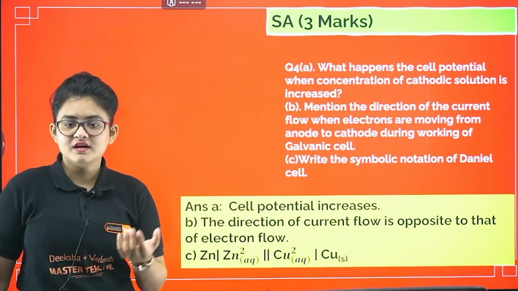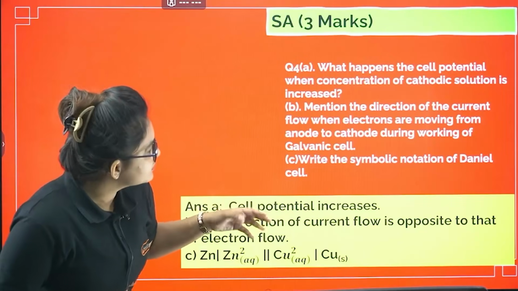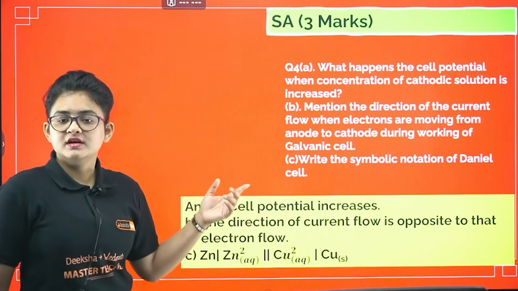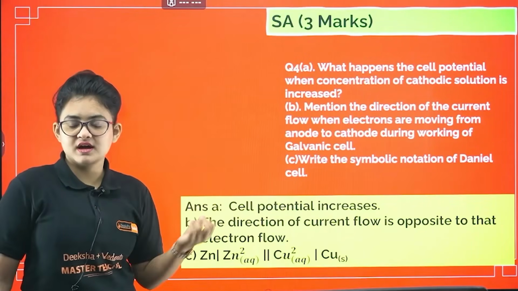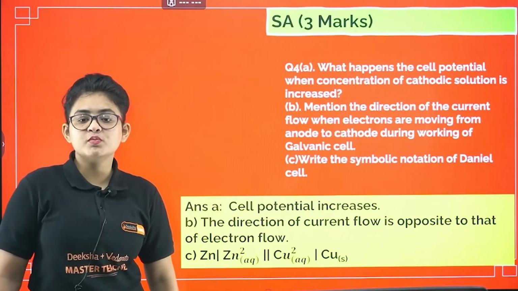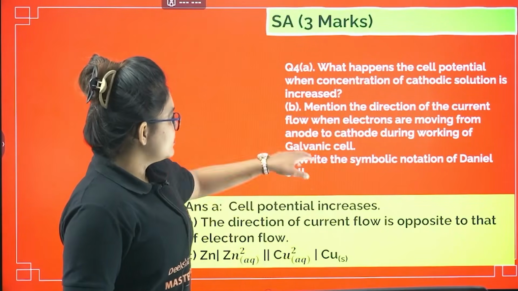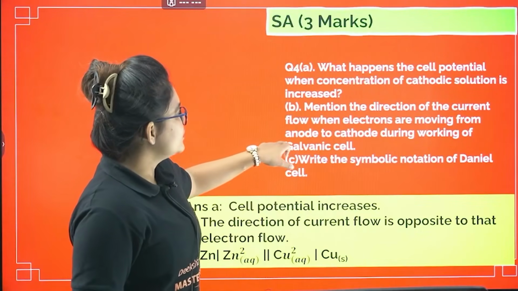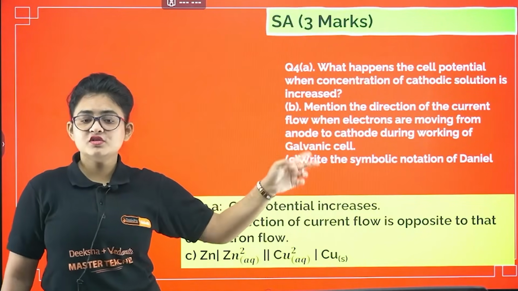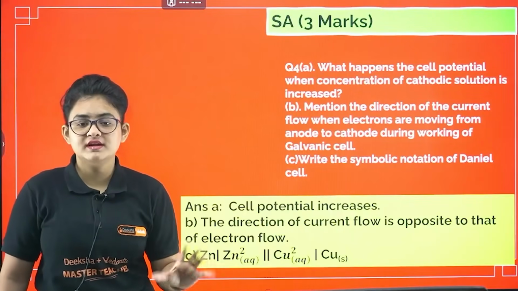Current flow is opposite to that of the electron flow. Electrons are moving from anode to cathode, so current will be moving from cathode to anode.